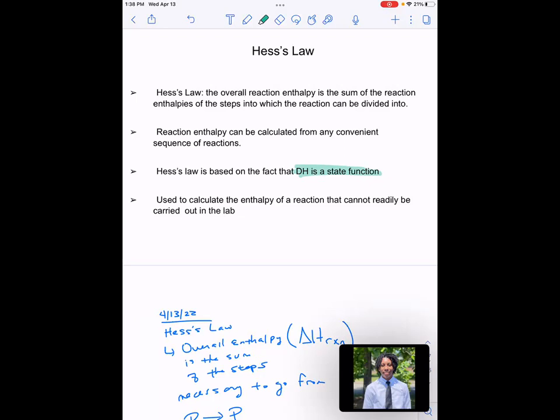Maybe it's too dangerous, maybe it generates a product that's too explosive, or maybe it generates a product that is hazardous. And so anything like that, you can do other calculations and use those calculations to determine what the delta H is for a given reaction. So that's the example that we're gonna look at.